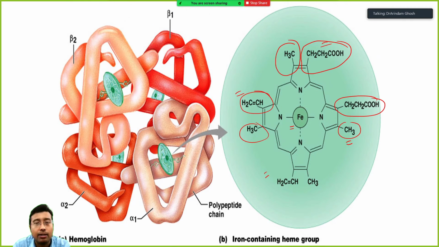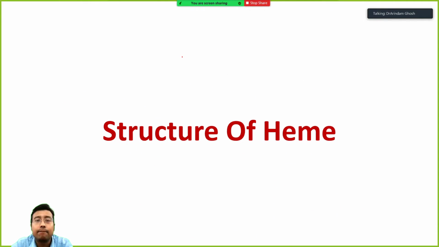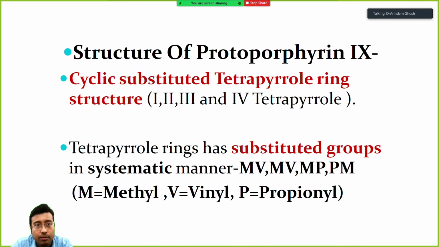Again, let me tell you, nobody will ask you to draw the structure of hemoglobin. But there will be image based questions where you need to mark the correct one, and hemoglobin is this one. So this is the protoporphyrin 9 ring. This is the structure of protoporphyrin 9. The ring is a cyclically substituted tetrapyrrole ring structure.